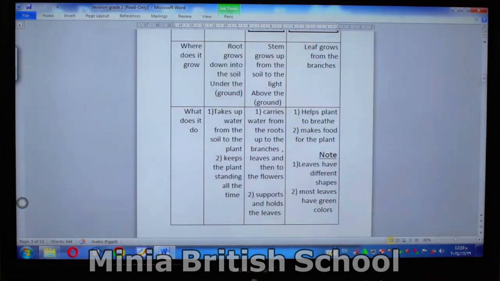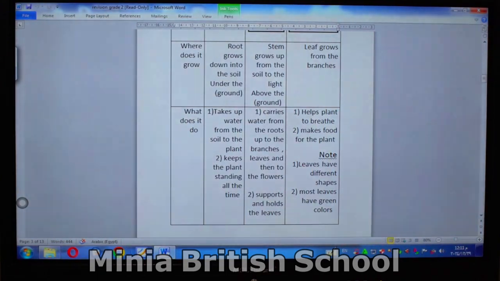Okay. What does leaf do? Yes, leaf helps the plant to breathe. And leaves make food for the plant. And we must know, leaves have different shapes.